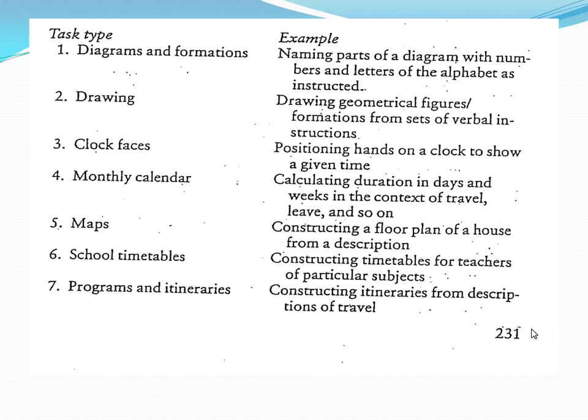School timetable you can also do, just like the monthly calendar, and programs and itineraries. Itineraries means details about something, what to do, what not to do, what you are supposed to do at which time. Naturally, if you purchase a plane ticket, you will see that itinerary.